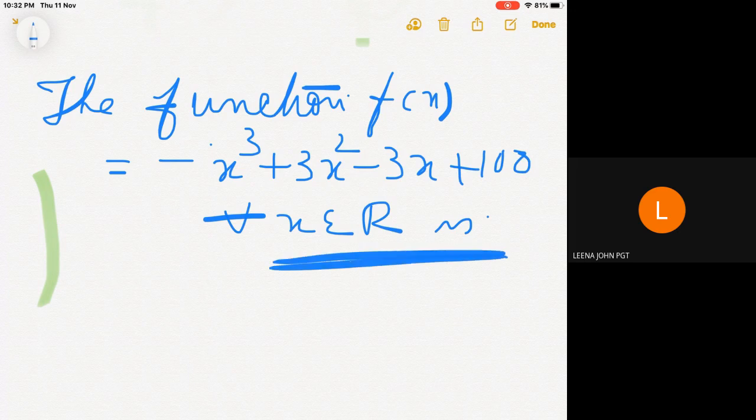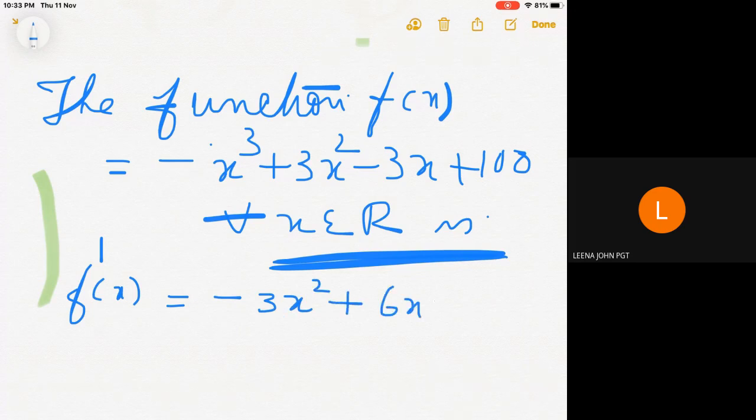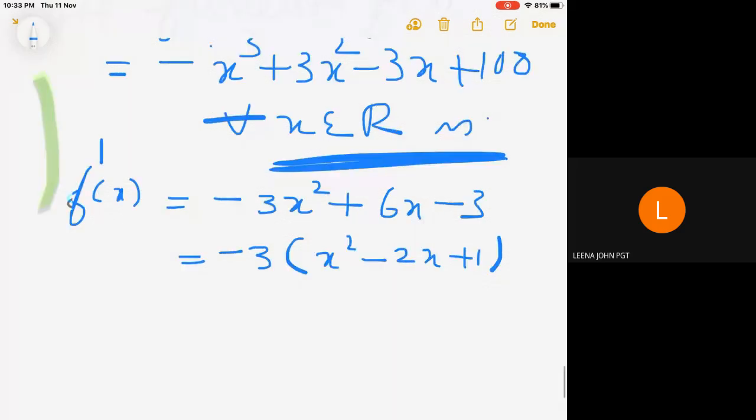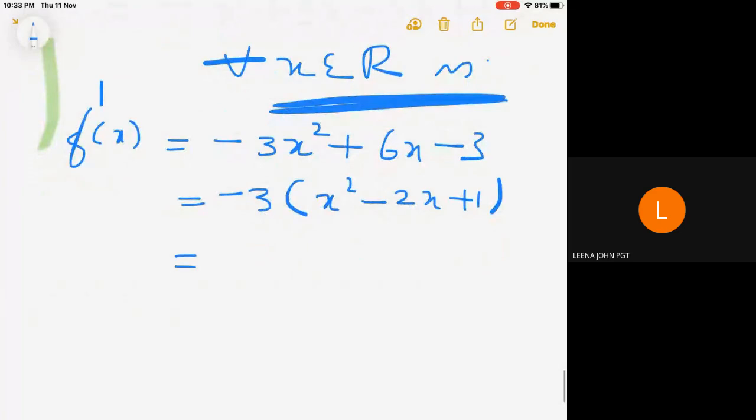For every x in R, you have to bring some perfect square, then only we can say it is positive or negative. So first you find f dash x. F dash x is minus 3x square plus 6x minus 3. Taking minus 3 out, you get x square minus 2x plus 1, and that becomes minus 3 into x minus 1 whole square, which is less than or equal to 0.